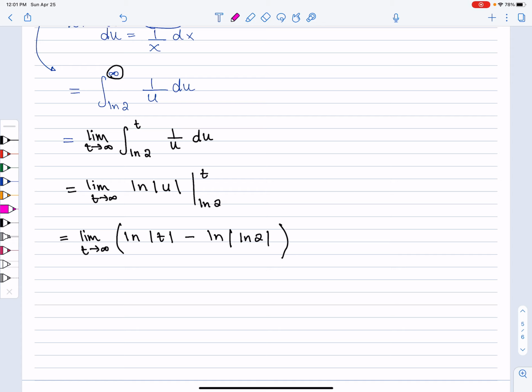If you look at the limit as t approaches infinity, then that is infinity. And because that is infinity, we can say that the integral from 2 to infinity of 1 over x times ln of x dx is divergent.